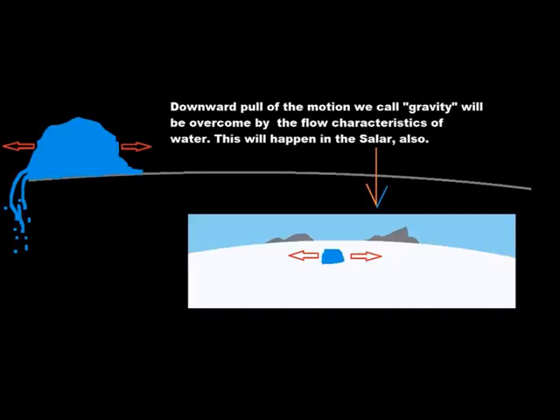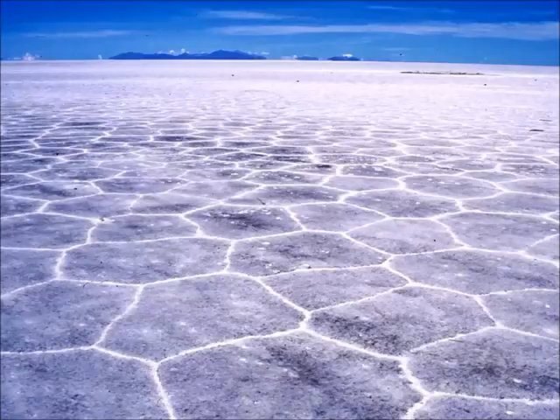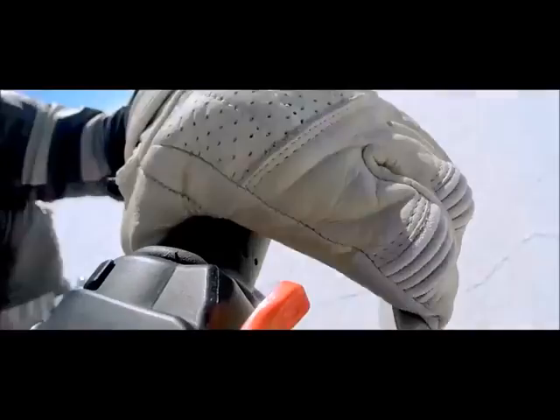So if it does have standing water for significant periods of time, then the salar is a flat surface, in the same manner of a geometrical plane, not a curved surface. It's called flat because it has few elevation differences on a spherical surface. Now it really is flat as well. If you look at these pictures, you can see people riding motorcycles very fast because that's how flat it is.